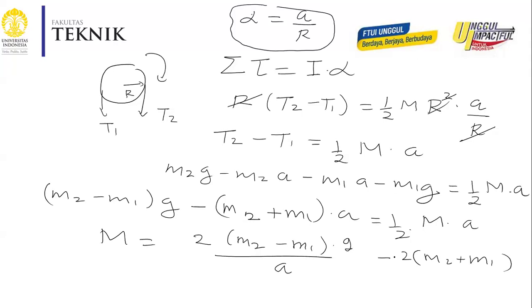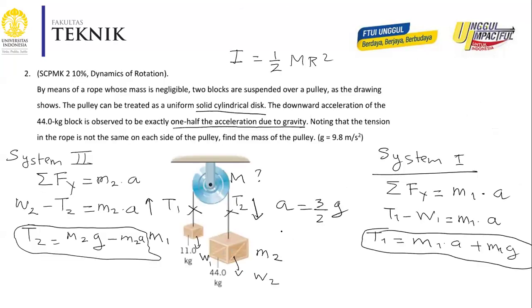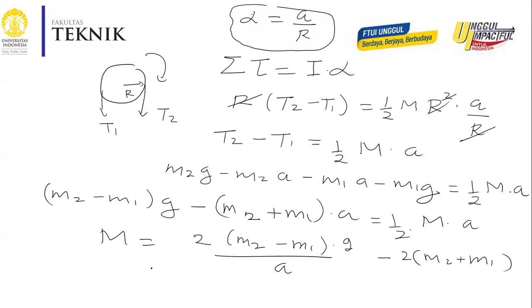So we can put the acceleration A as 3/2, or 1.5 G. So this one is 2 times M2 minus M1, G divided by 1.5 G minus M2 plus M1.